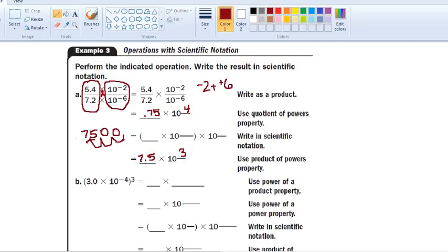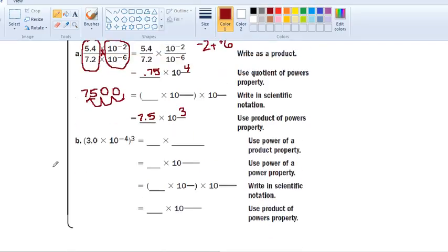Okay, now let's move it down to example B. When we cube something in parentheses that's being multiplied, we're going to apply that cube here, and we're going to apply the cube here. So the first cube is 3.0 to the third power, which is 3 to the third power.